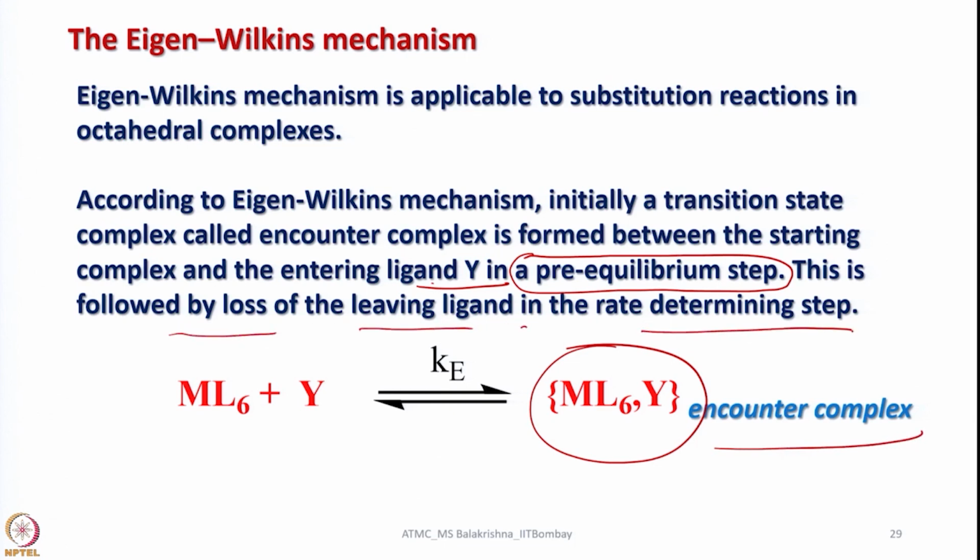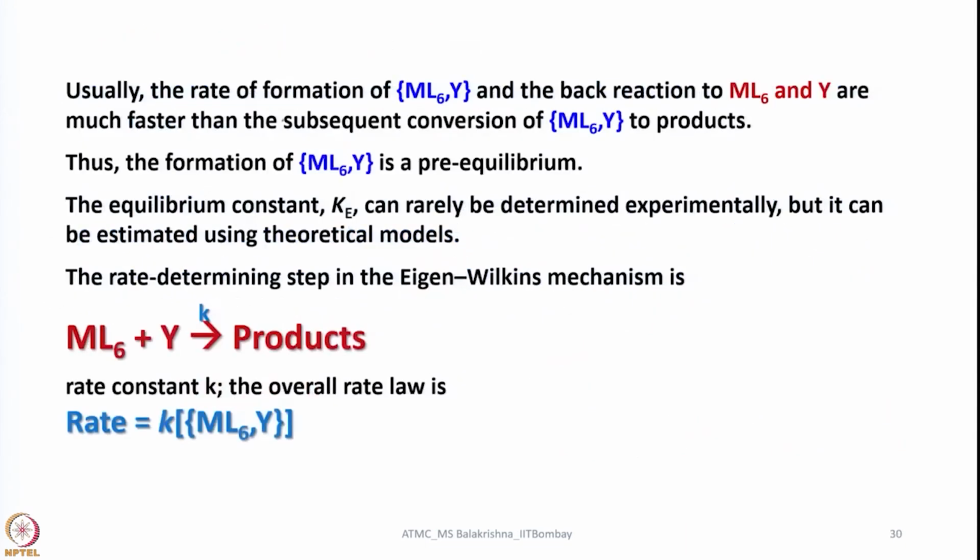Once this encounter complex is obtained, then in the slow step or rate determining step, the leaving ligand departs from the metal and eventually Y secures its position in the fast step. Usually the rate of formation of this encounter complex and the back reaction to give back the substrate molecule and Y are much faster than the subsequent conversion of encounter complex to the product. You should remember, this is very important.